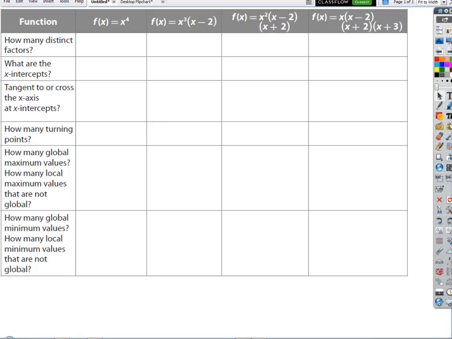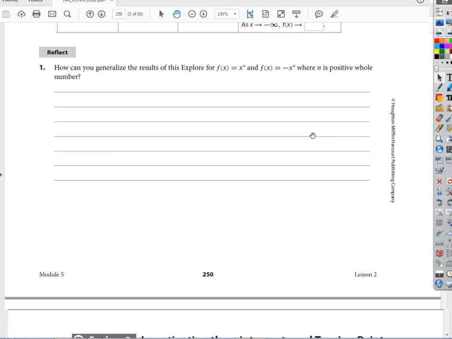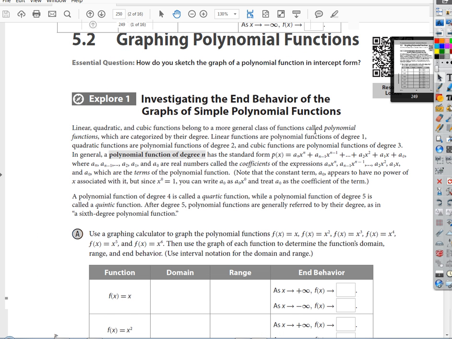What about this guy right here? X cubed times x minus 2. Do you see that that's not written in polynomial form, right? Remember what polynomial form was from yesterday. Polynomial form, actually I can just go right to it. It's that, right? Take a picture.